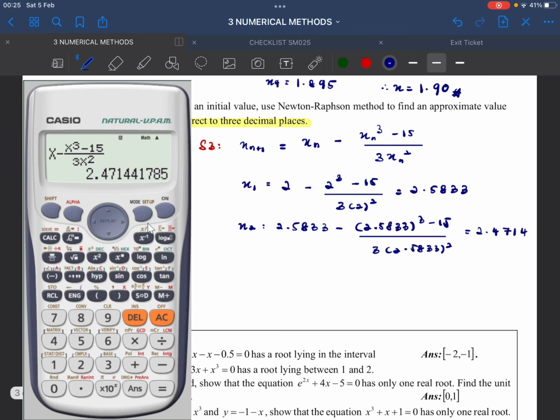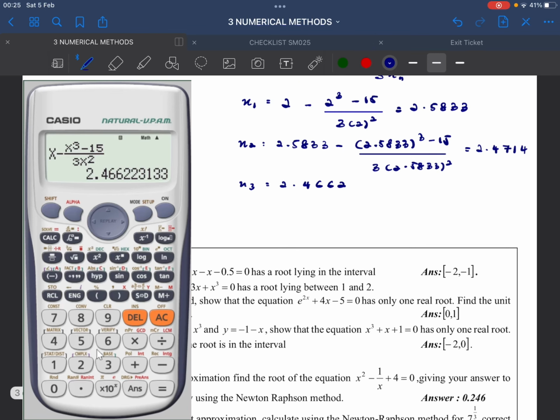Alright, so only for these 2 do you have to show the substitution. For the next one you can just press CALC, answer, and just put the answer, which is 2.4662. And the next one, your x4, is also 2.4662. So now you can stop because the iteration here is the same.